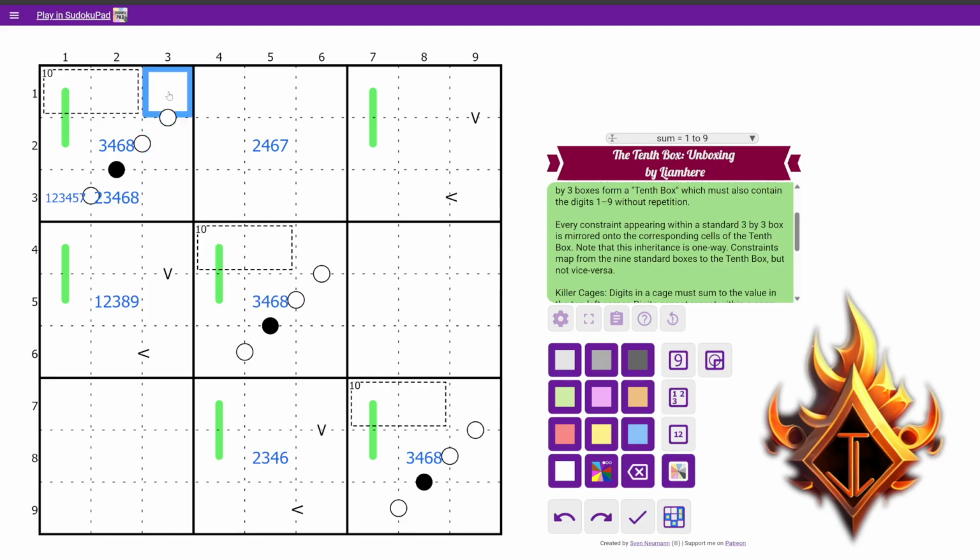Or yes, it can. It cannot be there. Oh, it can be there if this is 4. 3, 6, 7, 4, 5. That could work. So that can still be 5. This can definitely be 5.